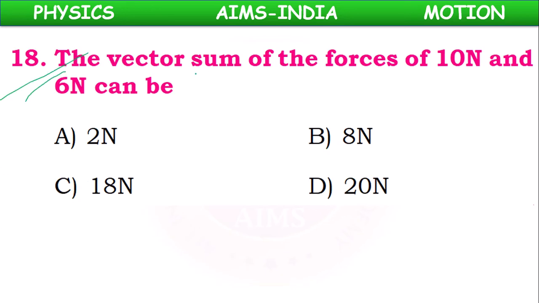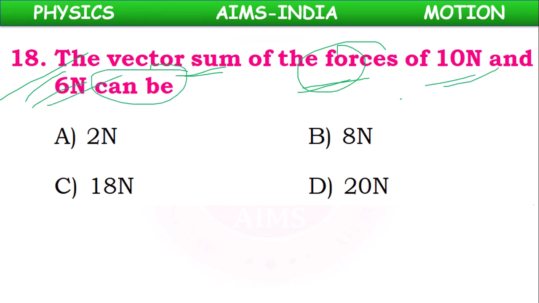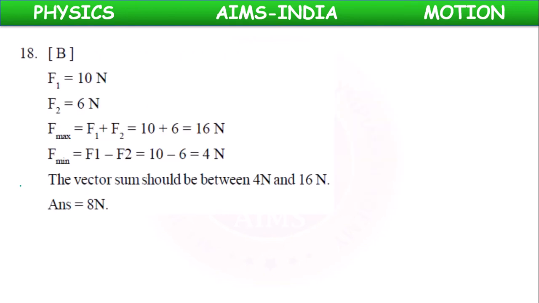Question 18. The vector sum of the forces 10 newtons and 6 newtons can be how much? If you have two vectors, the vector sum should lie between their sum and their difference.